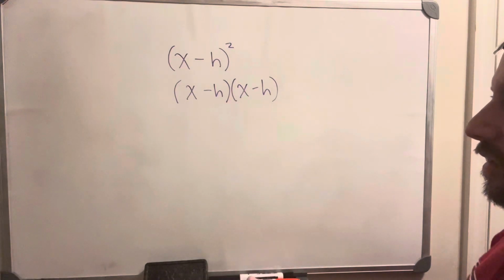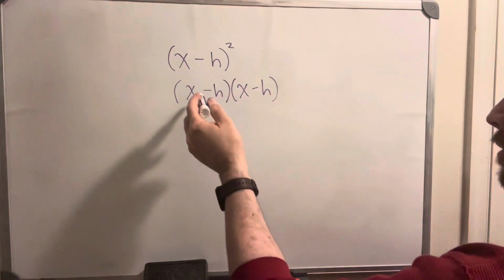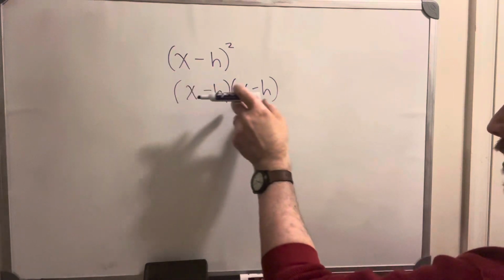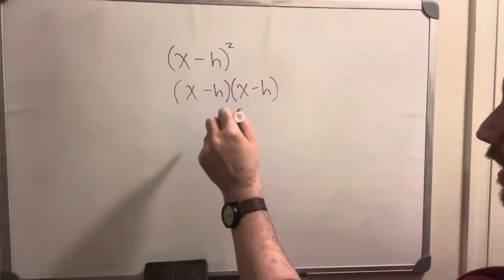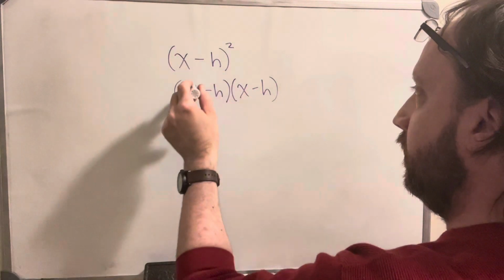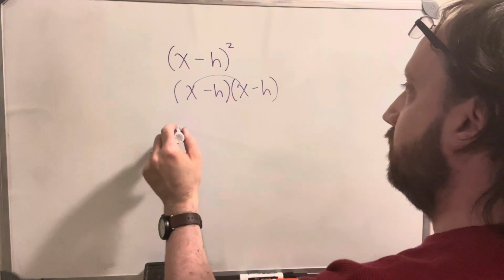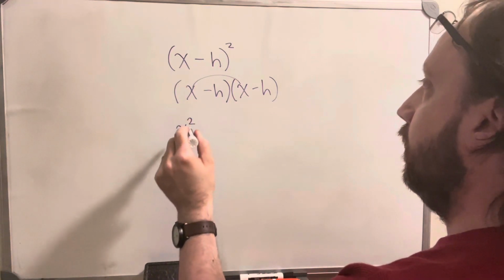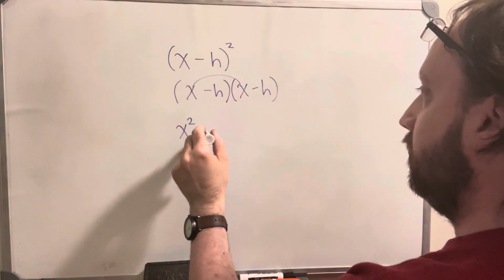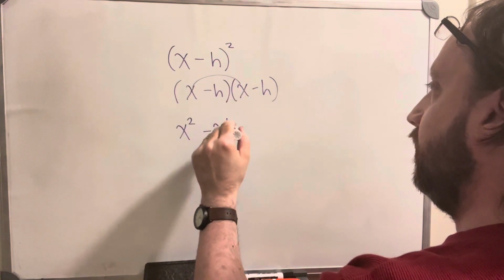And have you ever multiplied x minus h times x minus h? Can you see how this would be done? Well, you got this x squared, and this one times this one, x times minus h is minus xh.